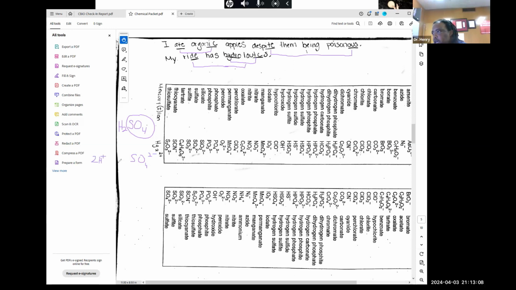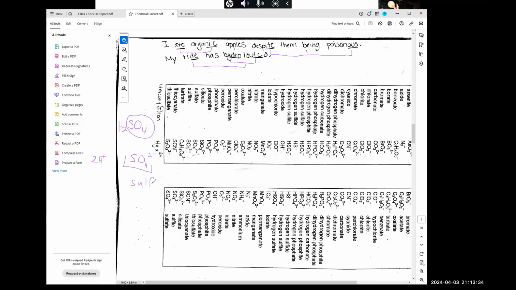Okay, now this here is our polyatomic ion. What do we call this polyatomic ion? What is the name of it? That's a minus 2 charge, right? Sulfate. That's right.